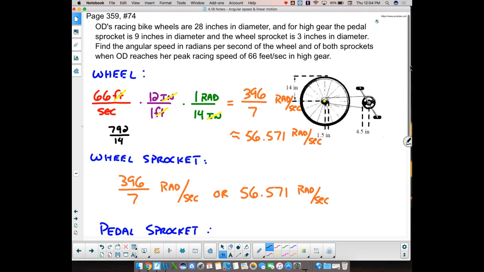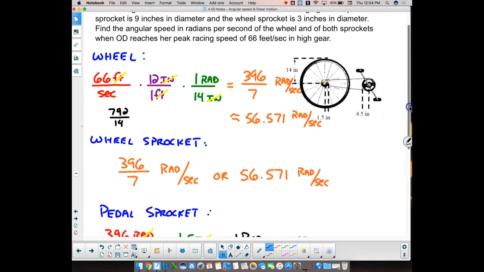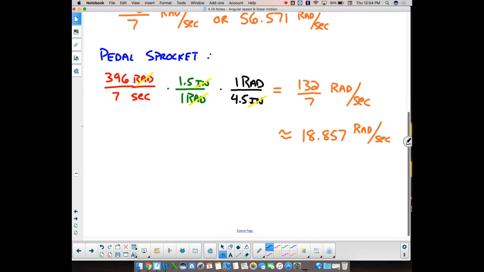Okay? All right? Now, down here on this one, because we've got decimal points involved, 396 times 1.5 is 594, right? It is. Okay? 7 times 4.5 is 31.5, right?